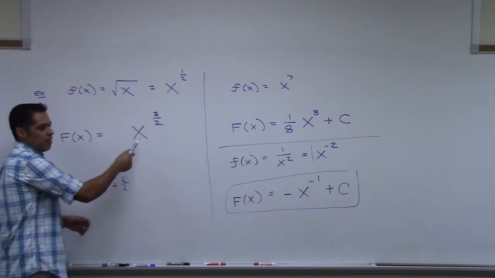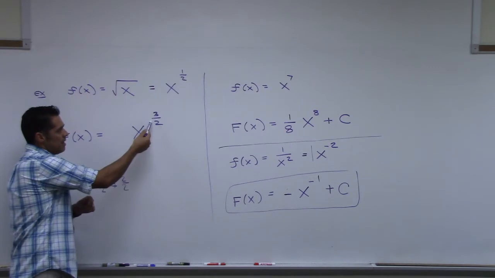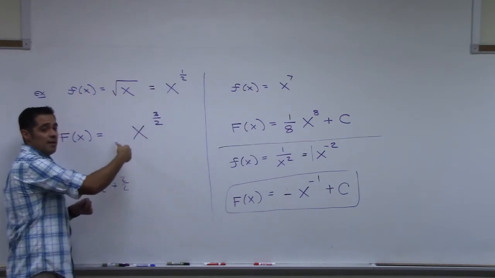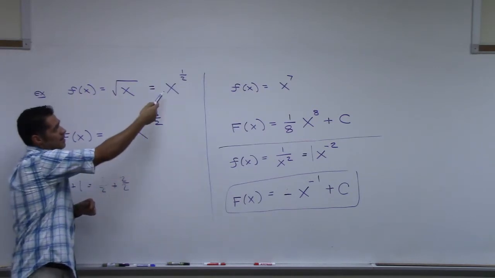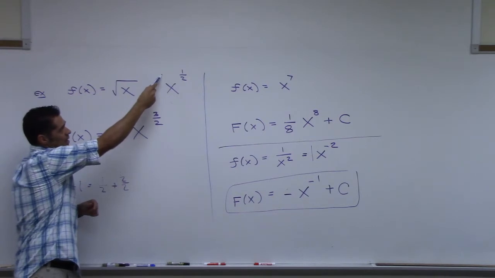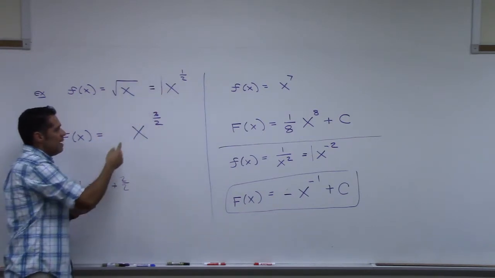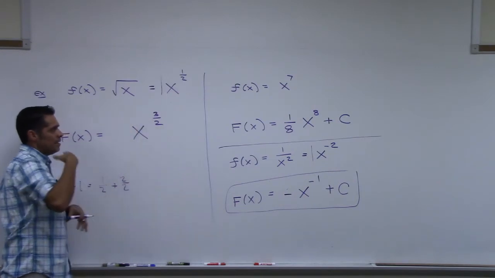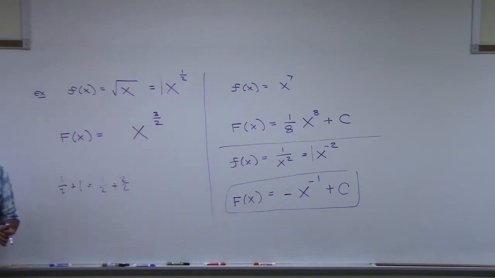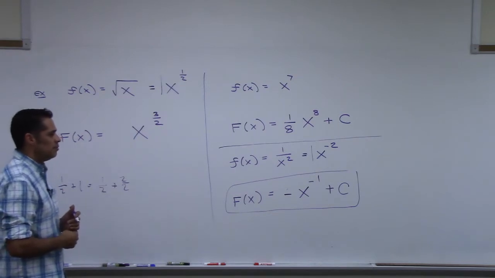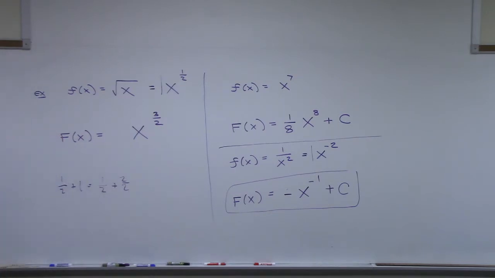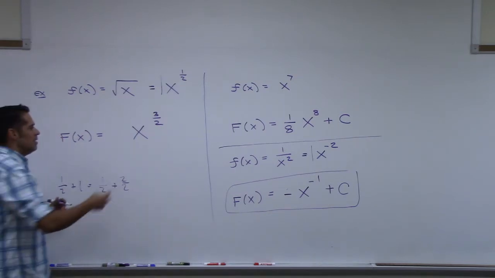This is not going to work the way it is, right? Because if I bring the 3/2 out, I'm going to have a 3/2 out here, and I don't have a 3/2. What do I have out here? A 1, right? So how can I make the 3/2 come out here and turn into a 1? What should I put out there? Think about it.